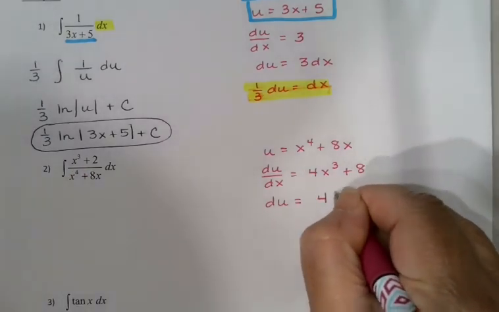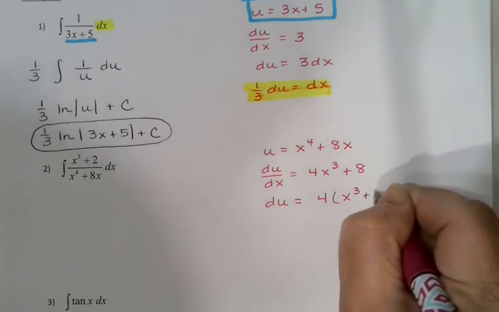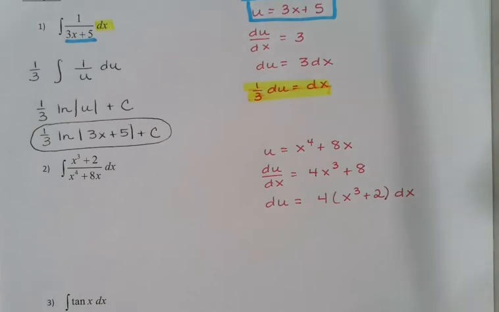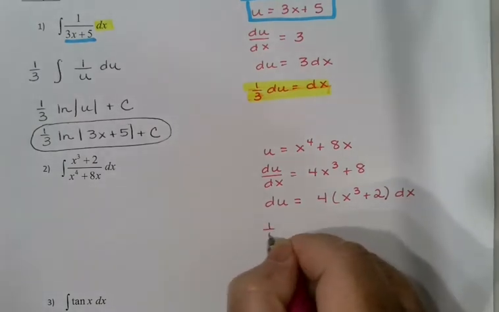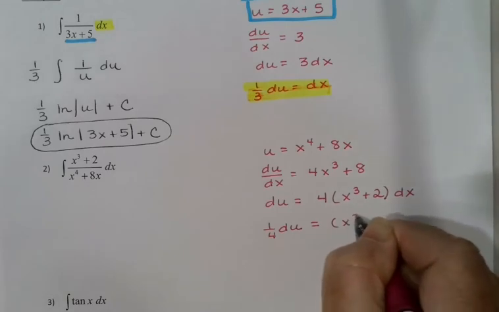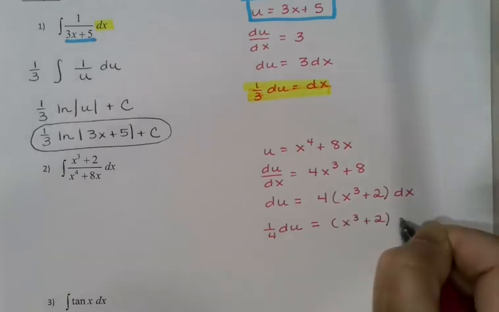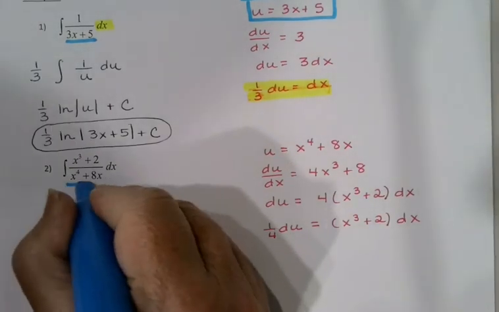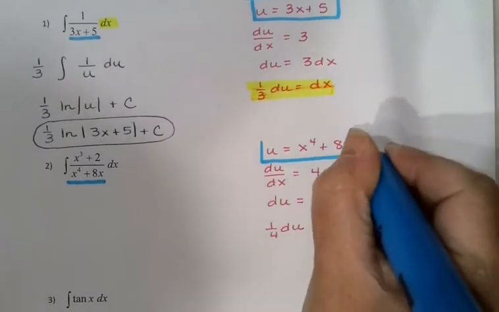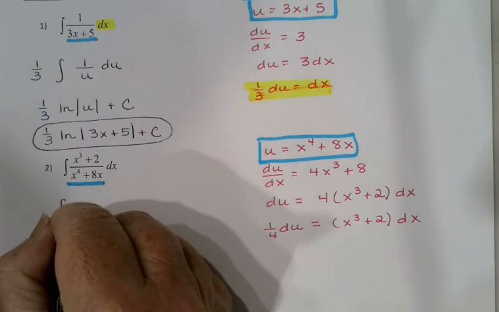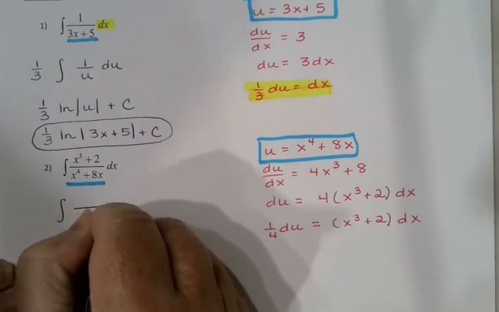So let's go ahead and factor out that 4, as well as bringing the dx over. And that means that 1/4 du is equal to x cubed plus 2 dx. All right, my u was this denominator, so we'll put that u in the bottom.